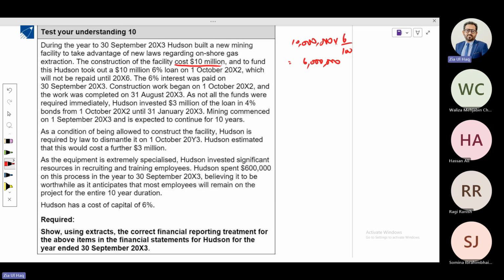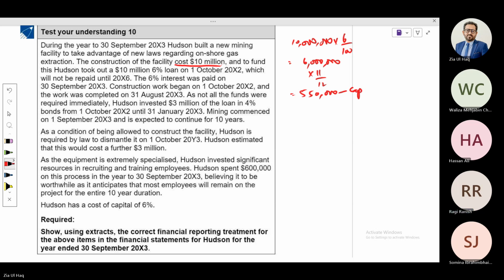Out of this, how much should be capitalized? 11 months. This means times 11 by 12 should be capitalized. What was that? 550,000. That should be capitalized in asset.